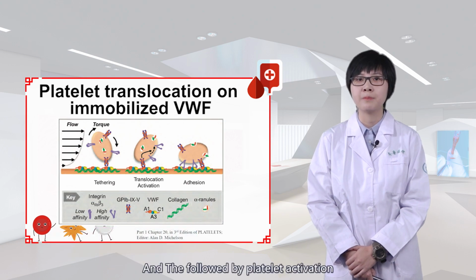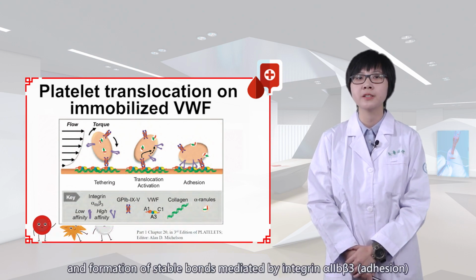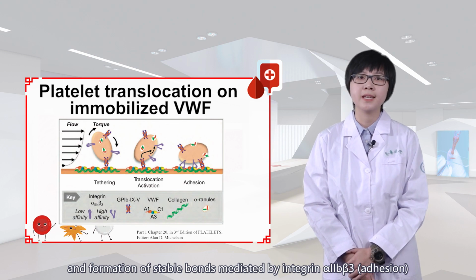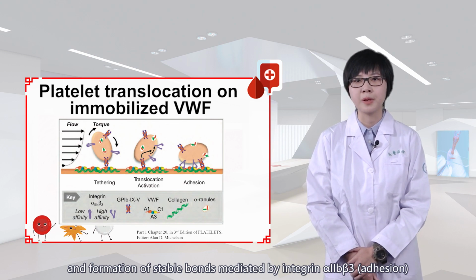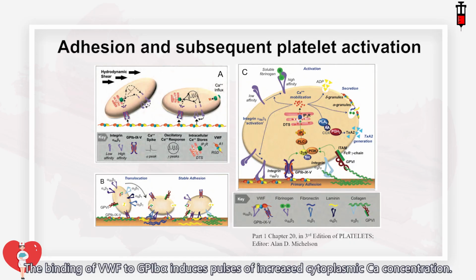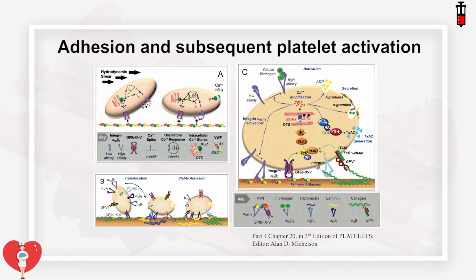and this is followed by platelet activation and formation of stable bonds mediated by integrin alpha-IIb beta-3. The binding of VWF to GP1b alpha induces pulses of increased cytoplasmic calcium concentration.